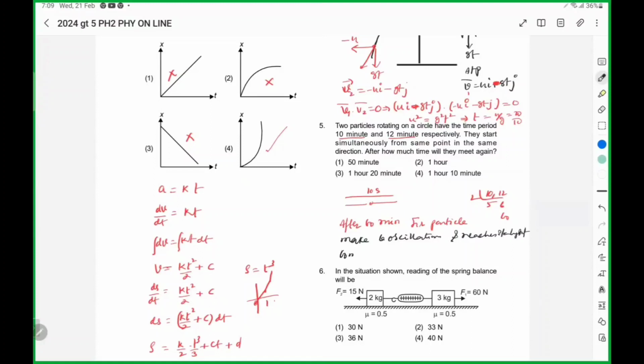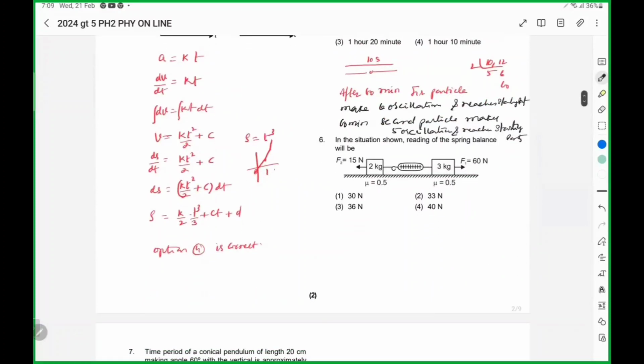Within the same 60 minutes, the second particle makes 5 oscillations and reaches the starting point. So that means they meet again after 1 hour.